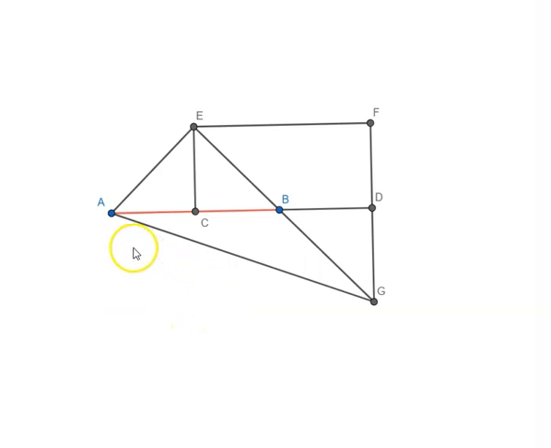Now we have to prove that AD square plus BD square is equal to 2 times AC square plus CD square. What all do we have? We have angle BCE, which is perpendicular, because that is how we constructed it. That means angle ACE is also 90 degree.